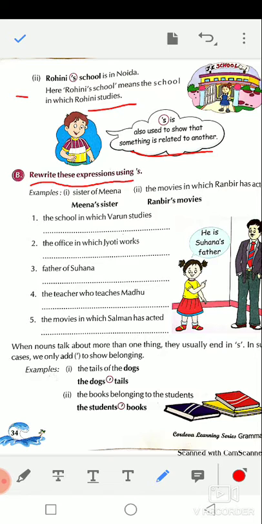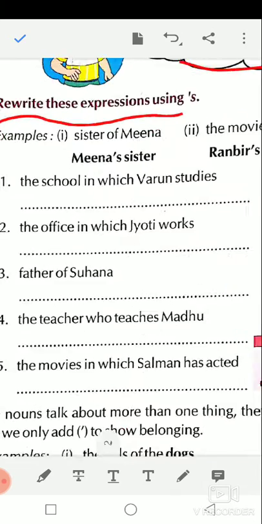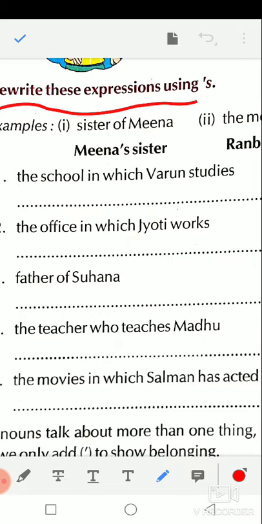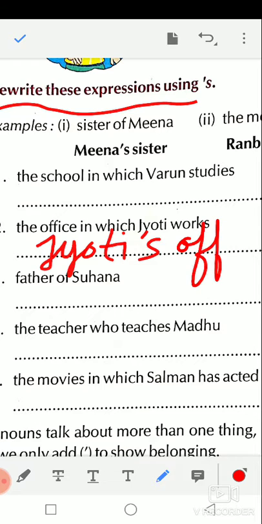I will send you the answer key also. The office in which Jyoti works, Jyoti's office. This shows when we put an apostrophe here, like Jyoti's office.